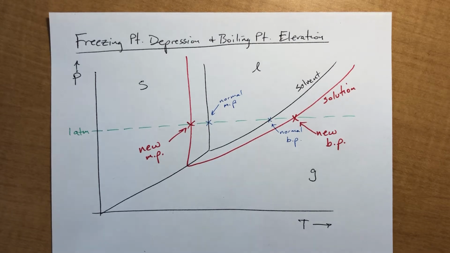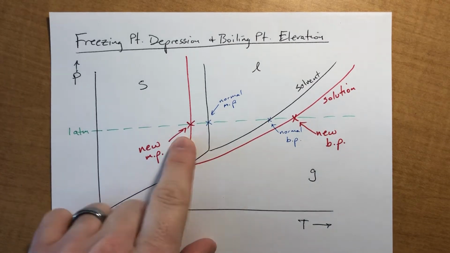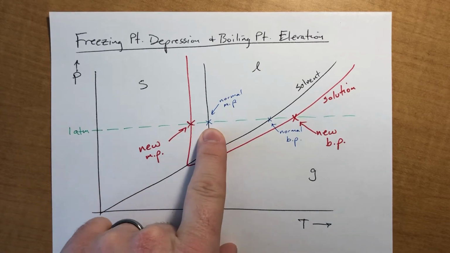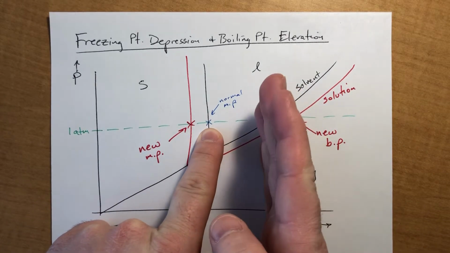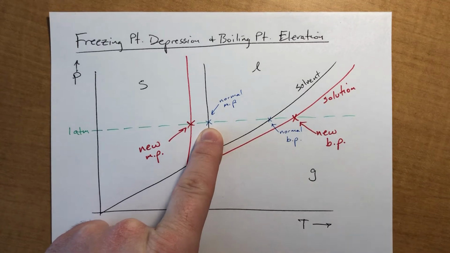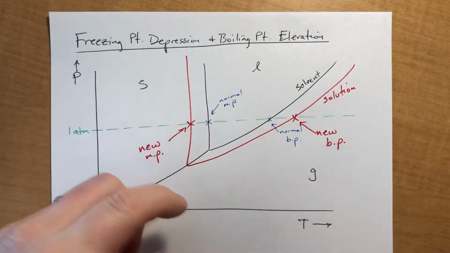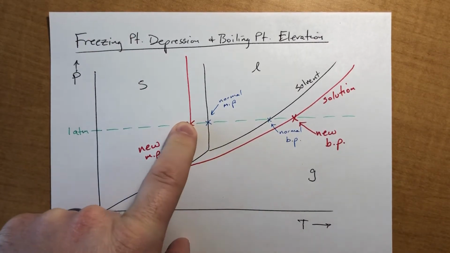You guys actually have real world experience with this. Okay. Let's talk about the left side first. This is actually why we throw salt on our steps to get rid of the ice. Ice typically freezes at 0 degrees Celsius or 32 degrees Fahrenheit, whichever one you're used to. Probably Fahrenheit. Okay. If you add salt, the reason it melts is because you've lowered the melting point.